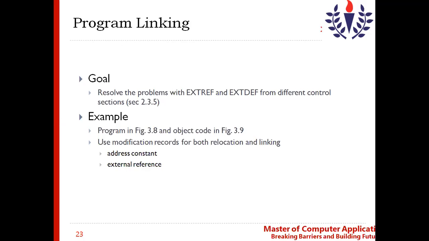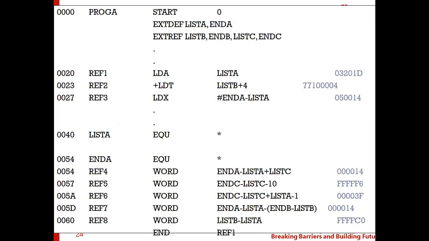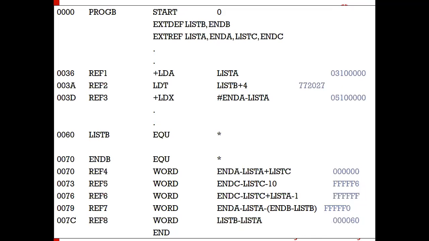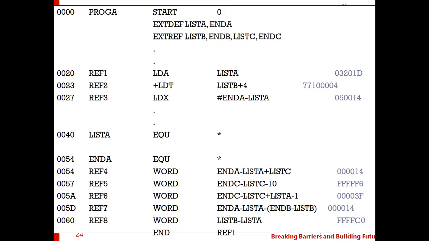Let us say this is one program, program A. We have one more program, program B, and the last one, program C. So we have three programs, three control sections. In program A, we have EXTDEF and EXTREF.